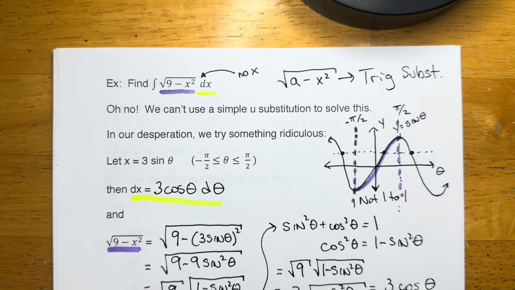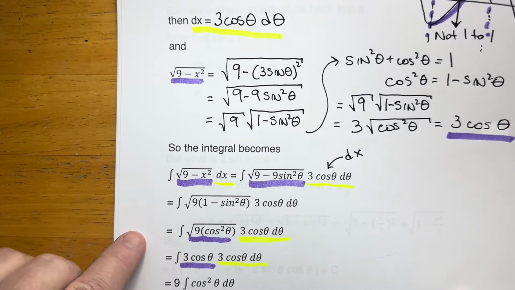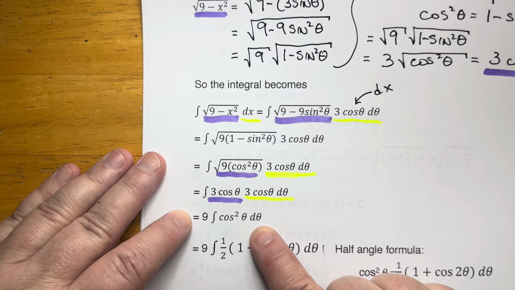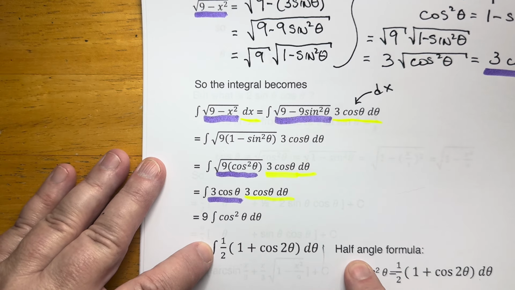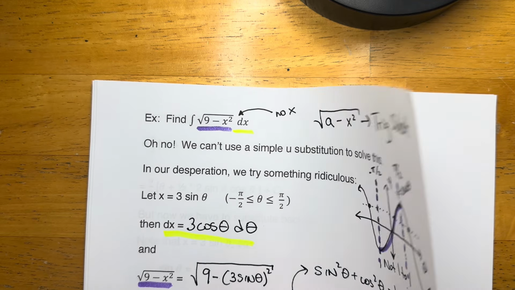We can thank dead mathematicians. This is how they worked it out. So we did a trig substitution, and then we got to the point where we had cosine squared, which in the last section we realized we can't integrate directly, so we'll use a half angle formula. Okay, so far so good.